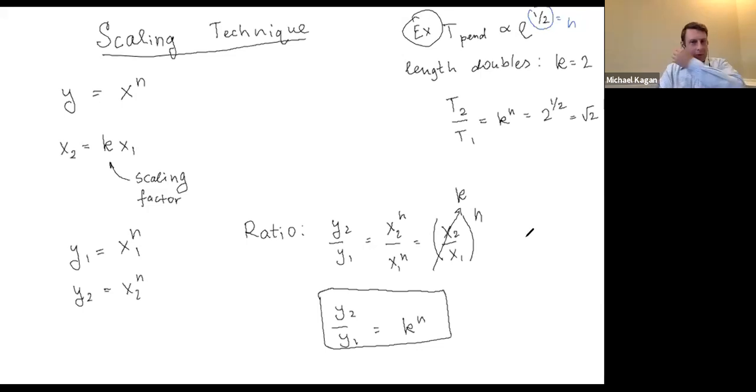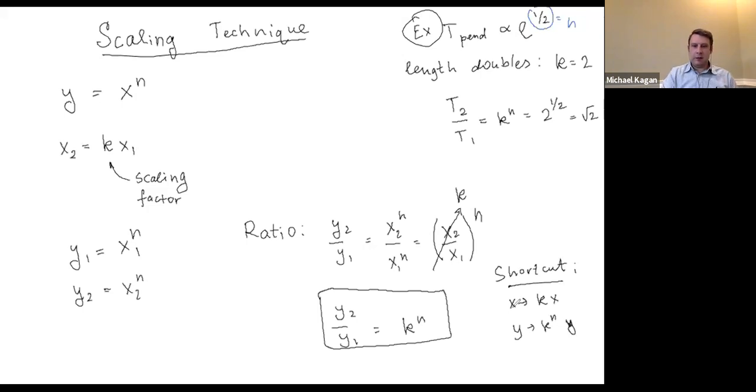Okay, so this is probably the most detailed way of explaining the scaling technique. The shortcut is really to say if x goes to kx, y goes to k to power n times y.